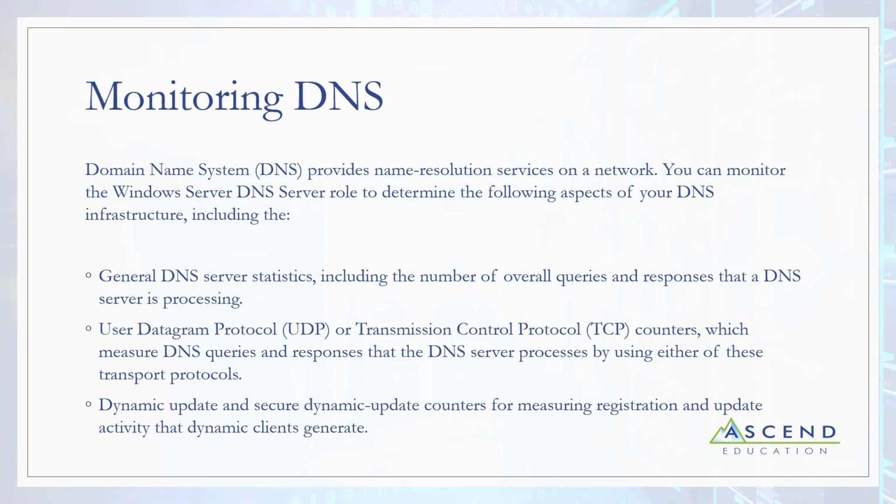It may not be replicating properly with other DNS servers. So you've got stale records. There's so many different things that can go wrong with DNS. Some records are missing. Some records need to be recreated. Maybe some zones weren't created properly. And so that can cause a lot of your problems connectivity-wise if things are running slow.